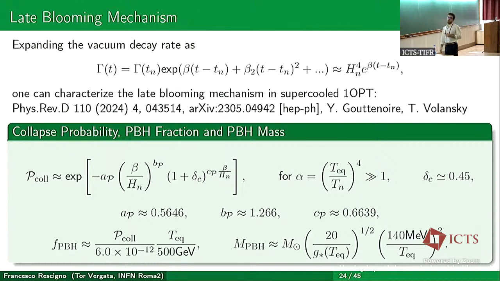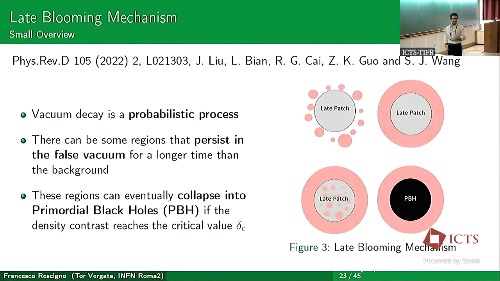Now, sorry, I have one question. Are you sure that delta C is a good criterion for this case? Oh yes. Delta C is a simple criterion in the context of inflation and other contexts. Maybe, right? And in this supercooled case, are you sure that delta C is also a good criterion? Well, there have been some discussions around this point. As far as I know, this density perturbation can create the curvature perturbation that is needed to collapse.